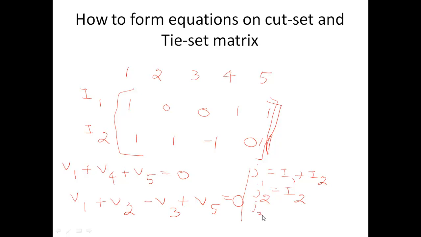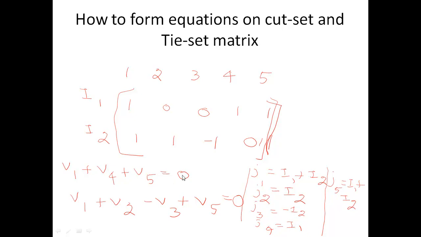Similarly, J3 is equal to minus I2. Similarly, J4 is equal to, you will be having only I1, and then J5 is equal to I1 plus I2.